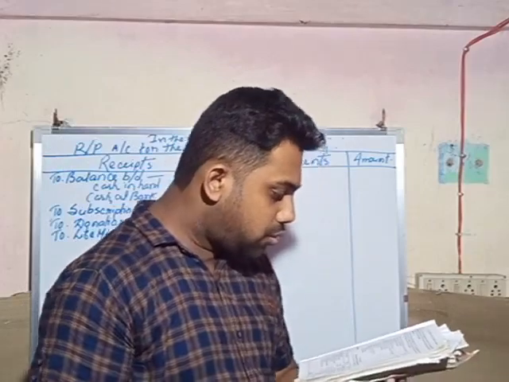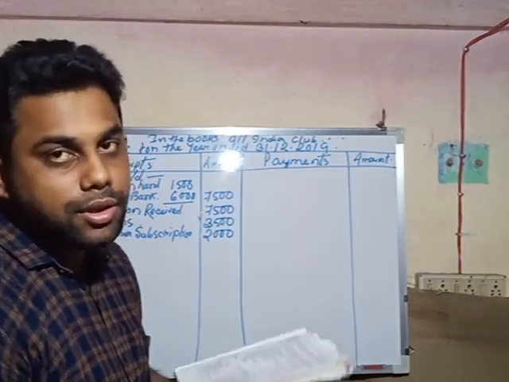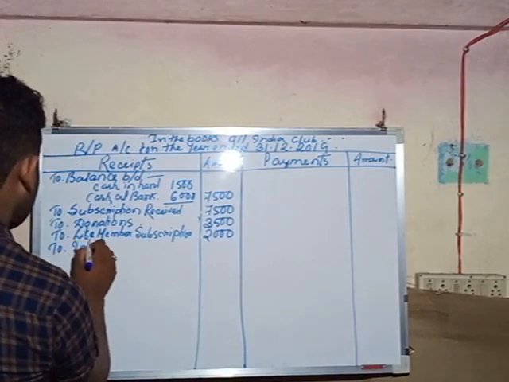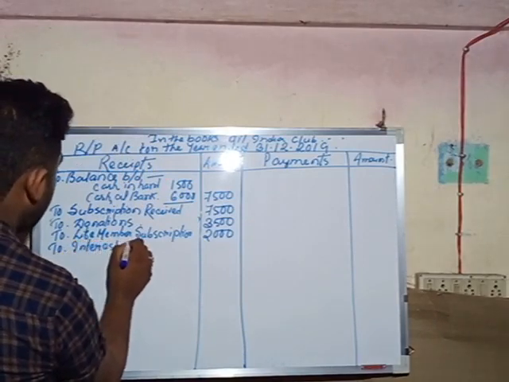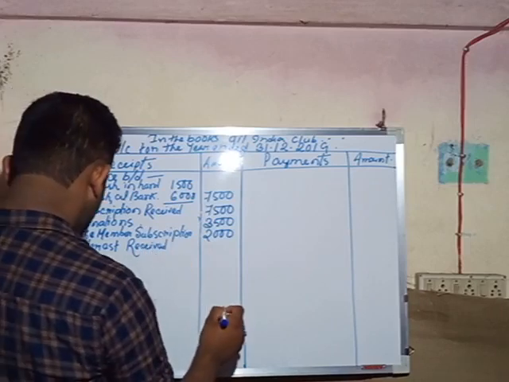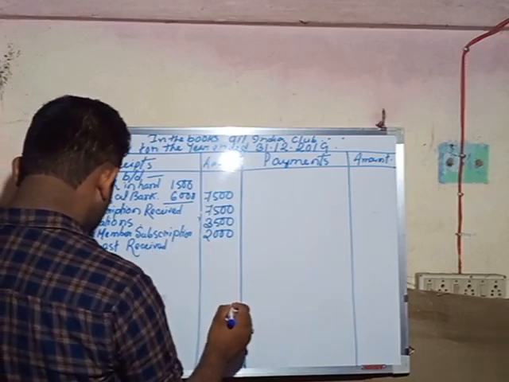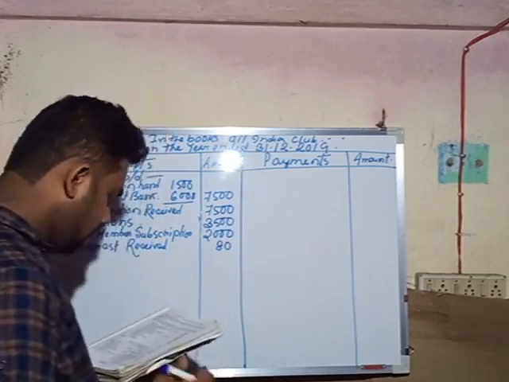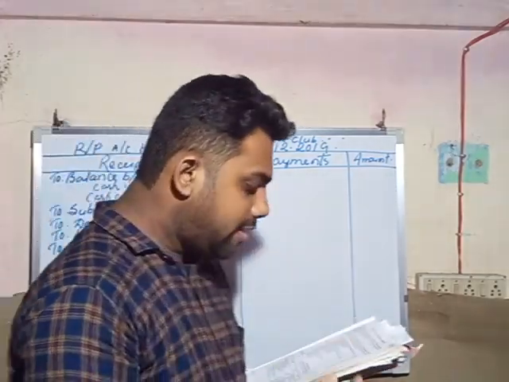Next one is the interest receipt. It comes in the receipt side. To interest receipt, rupees 80. Next, rent received from tennis court.